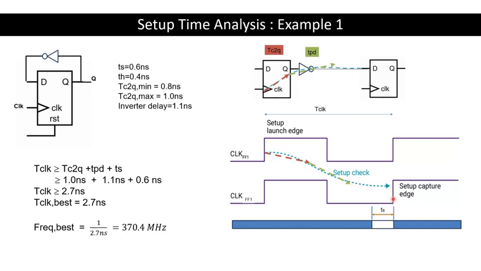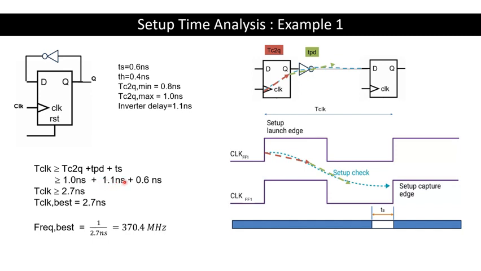As mentioned, the delay coming from the TC to Q and TPD should not exceed this point of time, because the signal should reach in advance. When we calculate the delay, we consider the TC to Q as 1 nanosecond, which is the maximum, because we want to consider the worst case scenario, plus the inverter delay of 1.1 nanosecond.